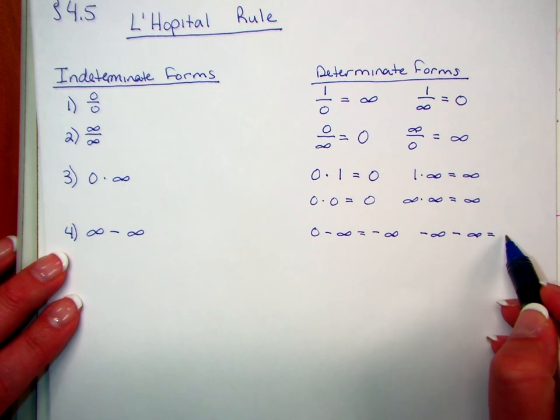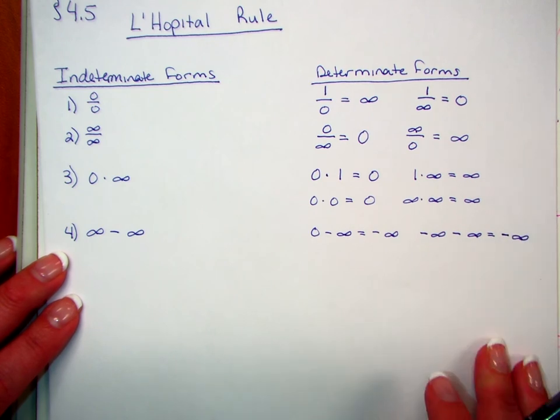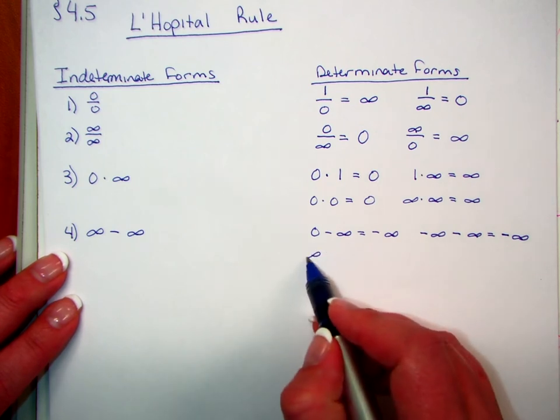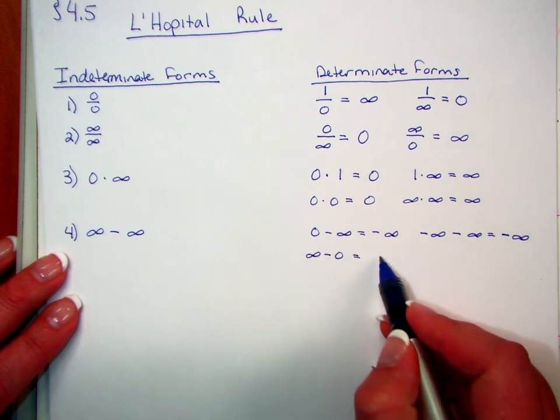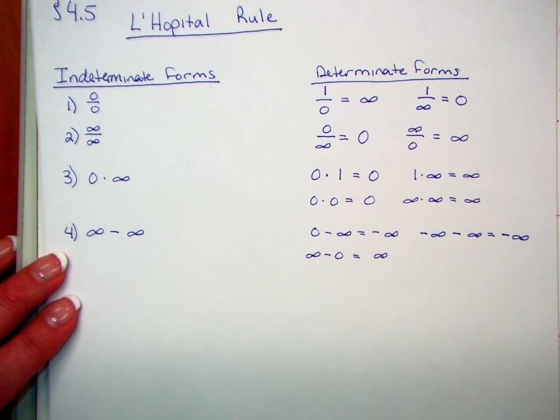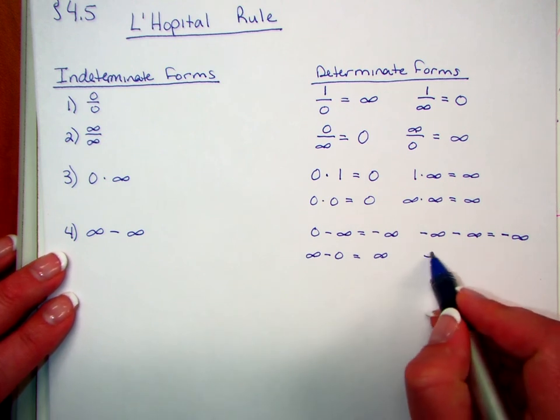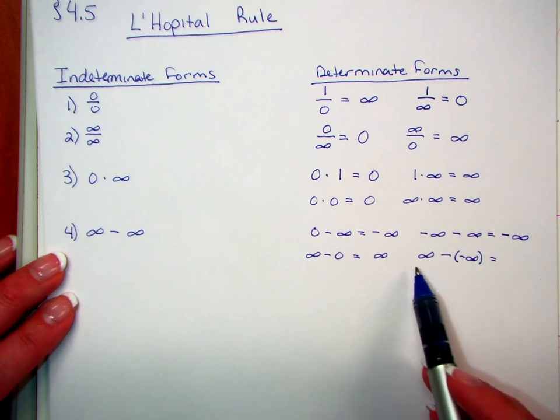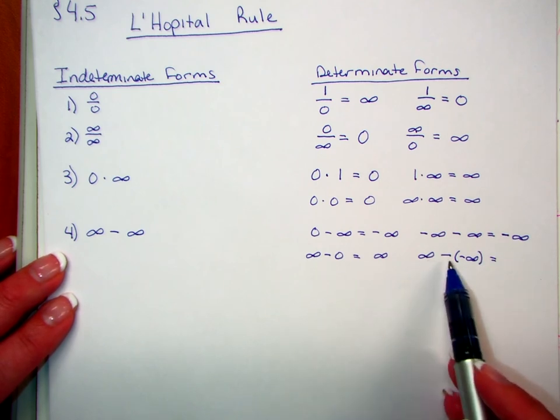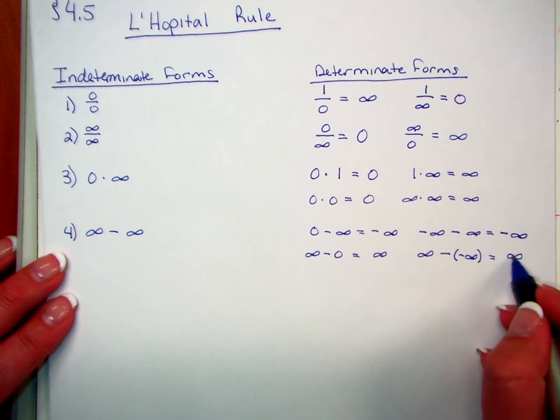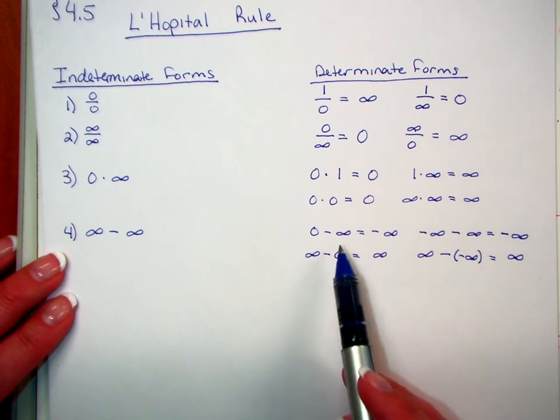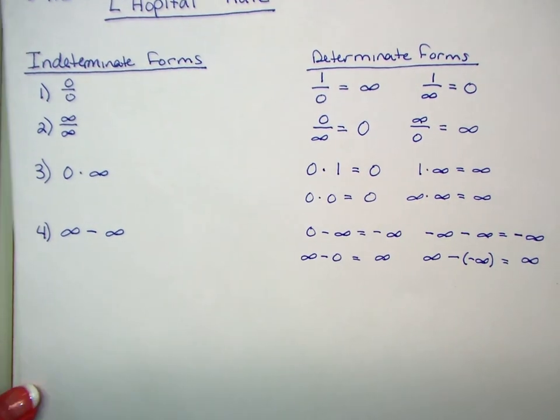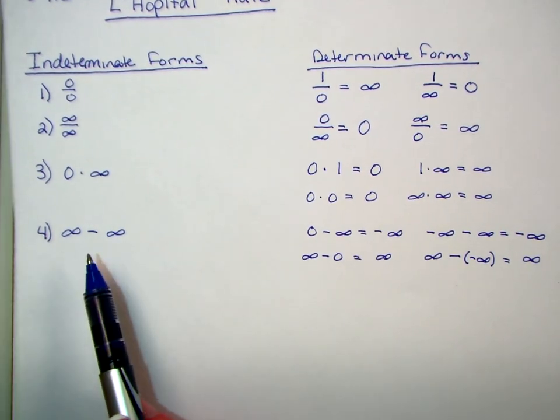This is going to head to negative infinity. There's no way around it. If we had infinity minus 0, we would get infinity. If we had infinity minus a negative infinity, notice that this really becomes infinity plus infinity, which is infinity. So we have some determinate differences here that we know the solutions to. Only one indeterminate difference.